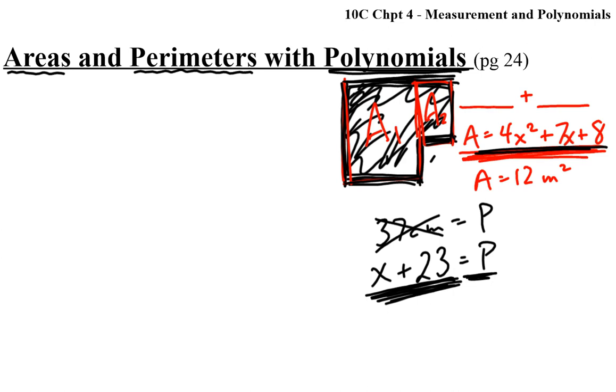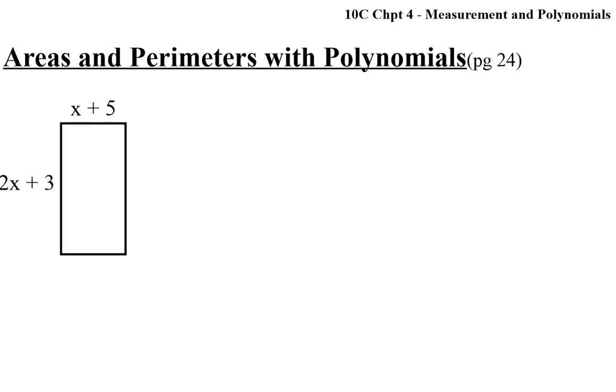So we actually finished last lesson looking at a couple of these. So here we go again. Areas and perimeters. We're looking at page 24 here. We have a rectangle with sides 2x plus 3 and x plus 5. In this case, we want to calculate the perimeter and the area. Well, there are two ways to do perimeter. Either one is acceptable, but one is a little better.